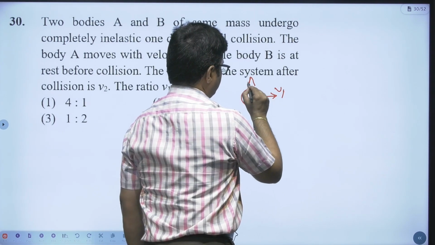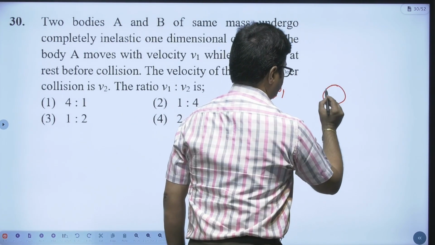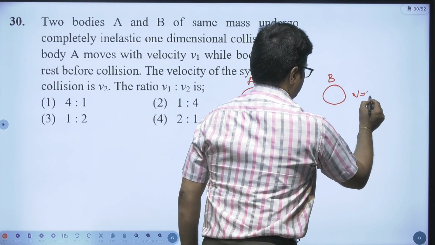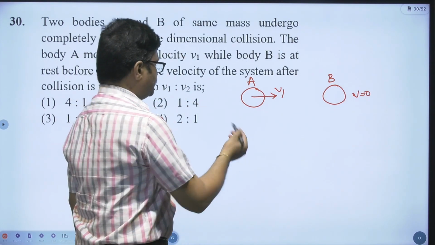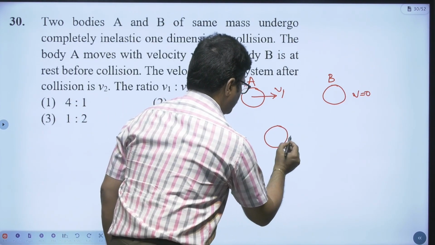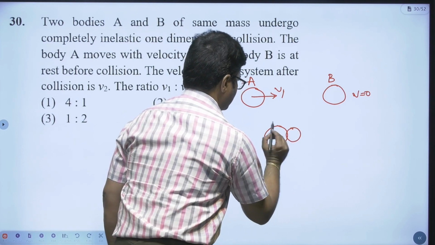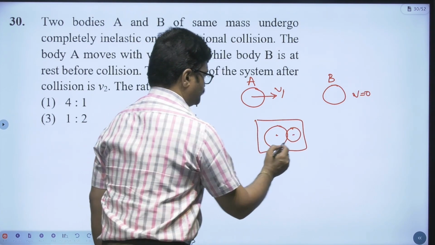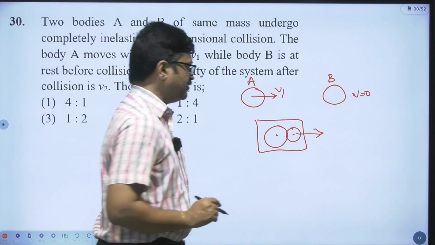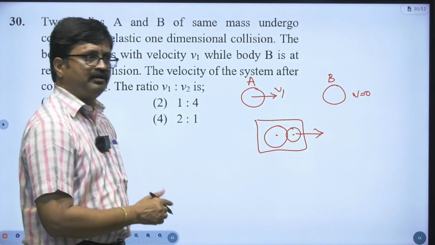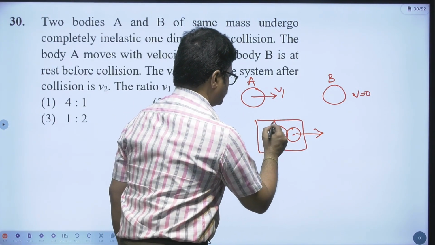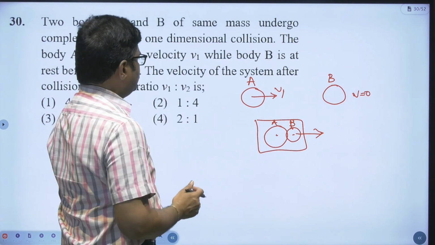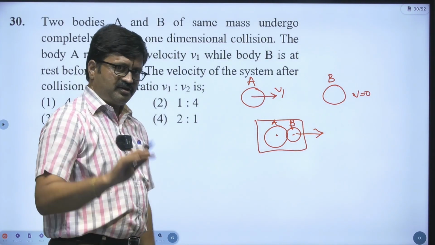This is body A. Now let me consider body B here. For this, the initial velocity is 0. Then after they collide, they are colliding in what manner? They are colliding inelastically. So we can easily see that these two bodies put together, they move. Both the bodies will move together, as a combination. So from this we can understand that initial momentum is equal to final momentum.